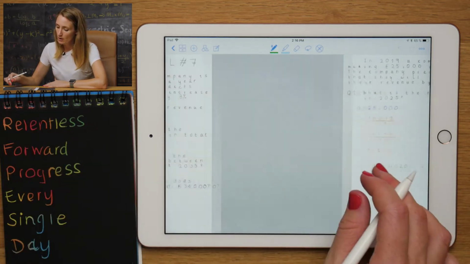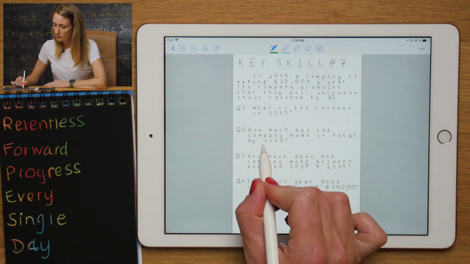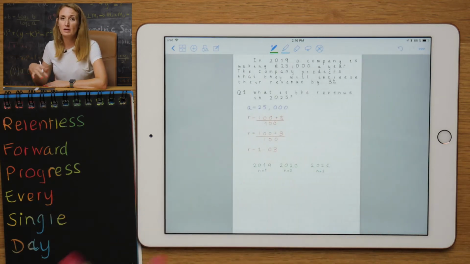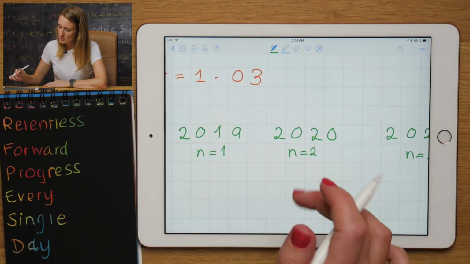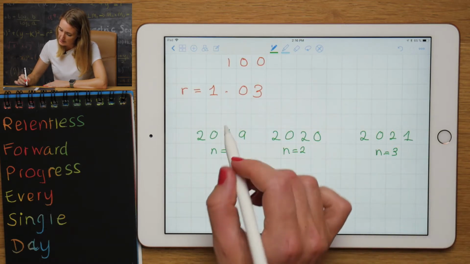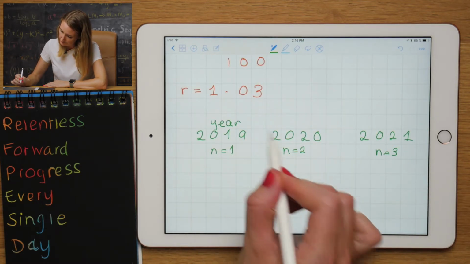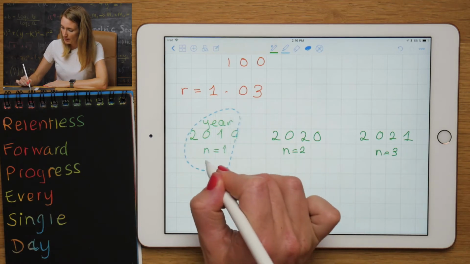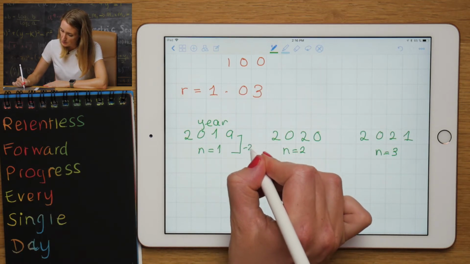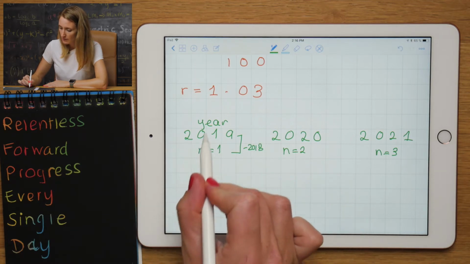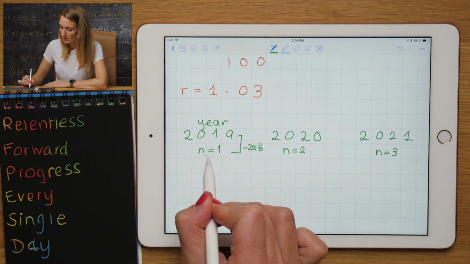Now you could go out and list all of these values for all of the questions. For example, one of the questions later on goes on about 2035, but it's a bit long and not a very elegant solution. So what I like to think about is, this is the year. If I subtract 2018, the year minus 2018 will give me the n.